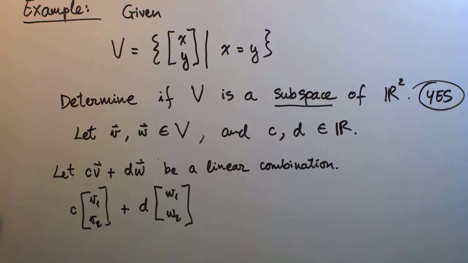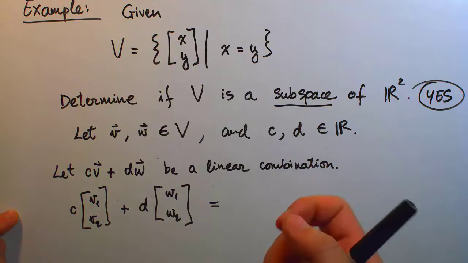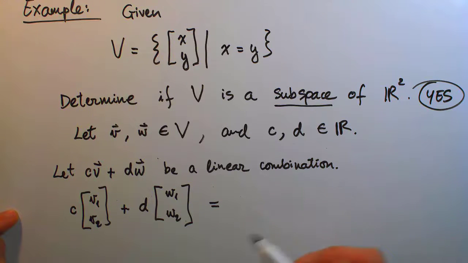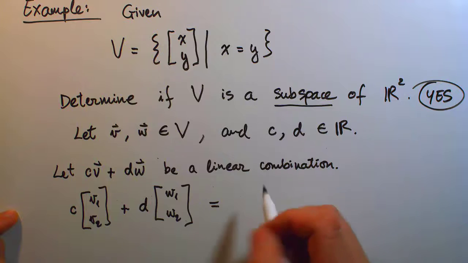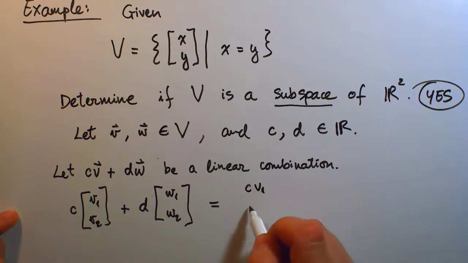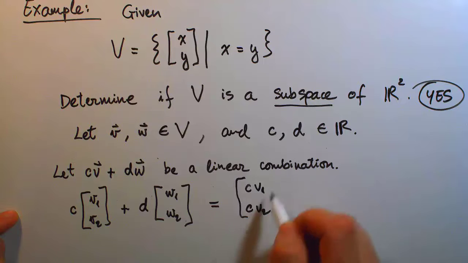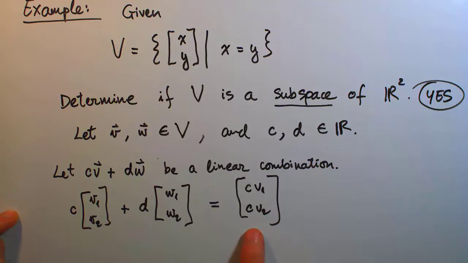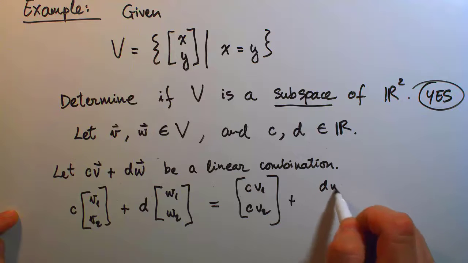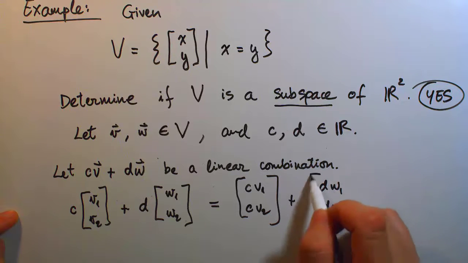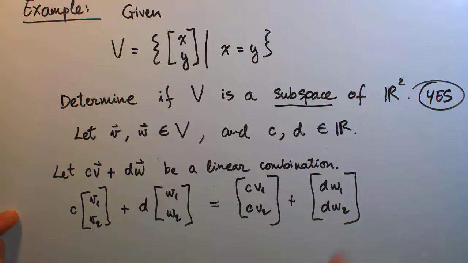Now the usual addition for vectors that we've learned allows us to go to the next step. I'm not saying anything yet about whether these two are in the set V. We're only rewriting this linear combination in different expressions. So we're going to have CV1, CV2 plus DW1, DW2. Allow me to go slowly with this step, and if any of you viewing this video is not happy with it, you can jump to the next step, and I'm getting there.